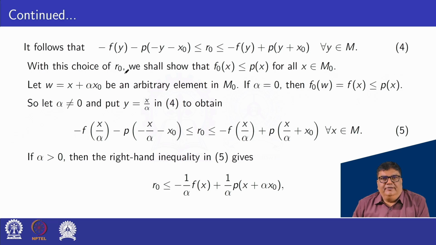With this choice of R0, we shall show that f0 of x is less than or equal to p of x for all x belonging to M0. Okay.